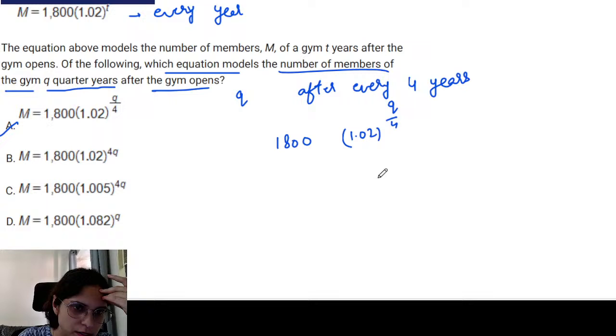I am not sure this is the answer. It could be B as well. Yeah, let me give a second. Obviously this is not C or D because they are changing. We want 1.02, but it could be either Q over 4, it could be 4Q. Quarter years means, I think they're talking about 4 years.